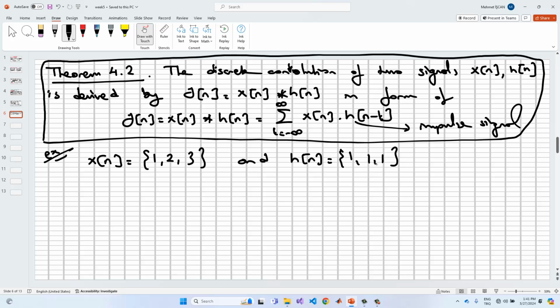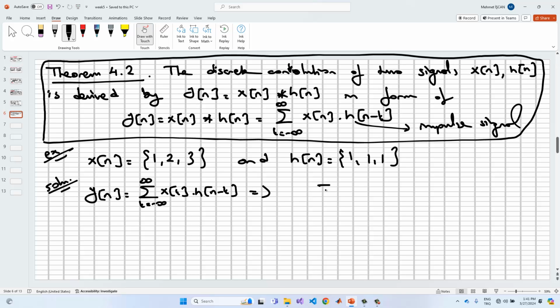It's the unit signal, always 1. Our formulation for the solution is y[n] equal to the summation over k from minus infinity to infinity of x[k] times h[n minus k], right?